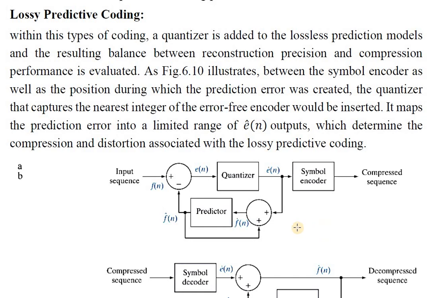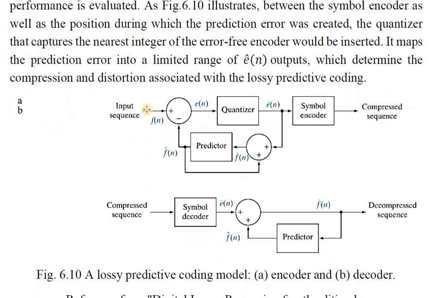Okay, now in lossy predictive coding, what happens? In lossy predictive coding, as I have told you earlier also, whenever there is a quantizer, you lose out on something. Okay, so there are certain things which you cannot recover. If you see the compression part and the decompression part, you will notice that the decompression part is the same as your lossless predictive decoder.